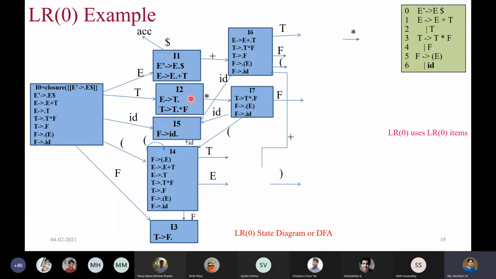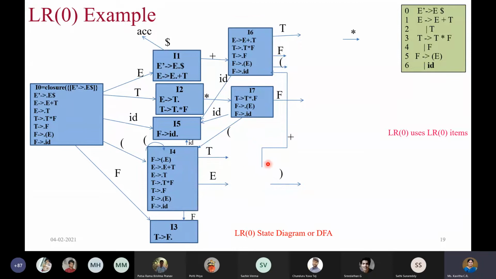Otherwise, if some other symbol is there, you use the shift action, which is nothing but reading the symbol and constructing the next state. Sometimes the same contents may appear after taking a transition, and then you can reuse the state. So that's about it.